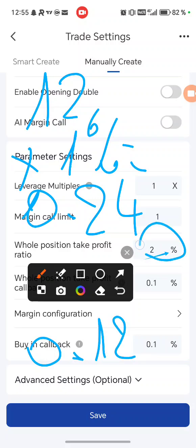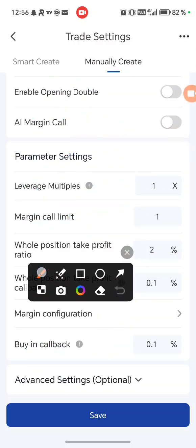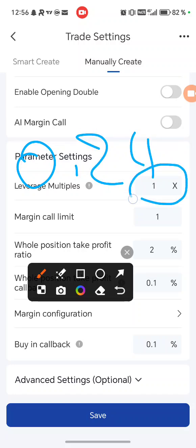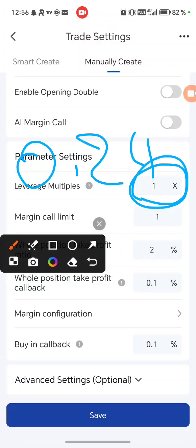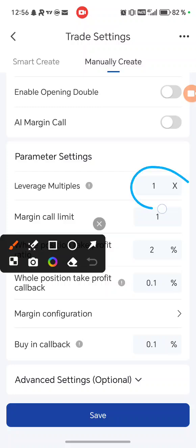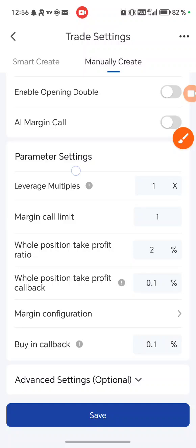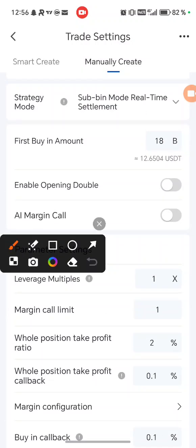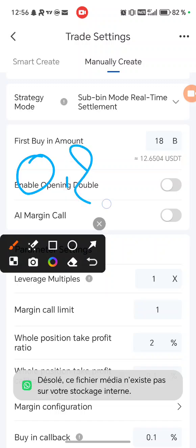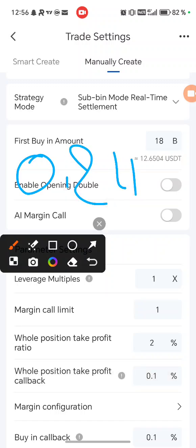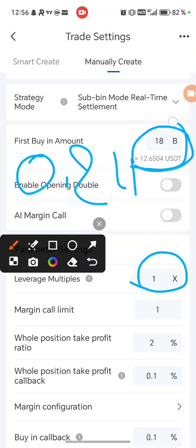So if I add 2%, then my proper profit must be 0.24 cents if I'm using 1x. Now, if I want to put 2x, which is 2 leverage, then for me to get that same 0.24 cents, I have to increase this. Anytime I increase here, I have to increase here and multiply it by this.